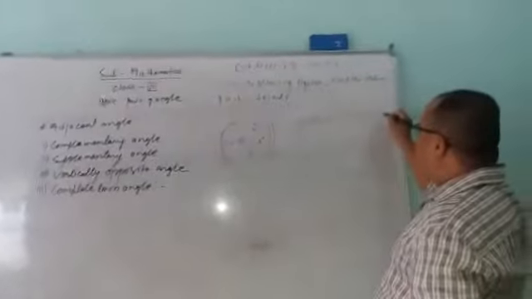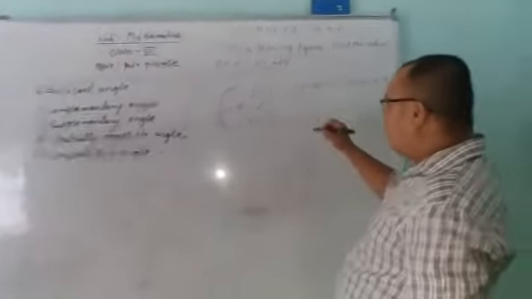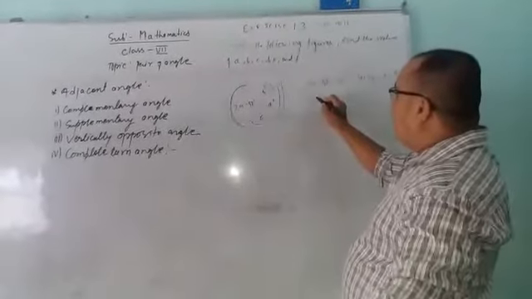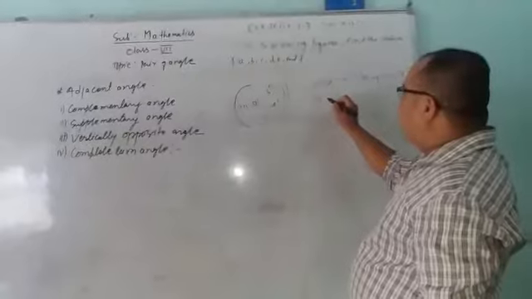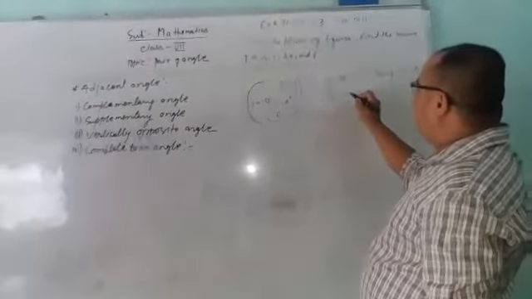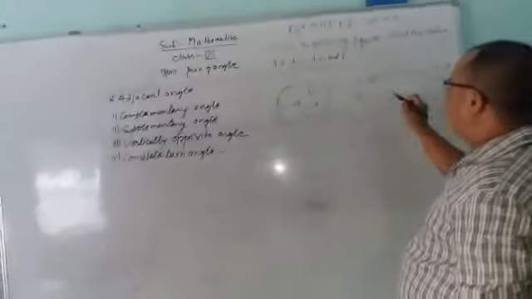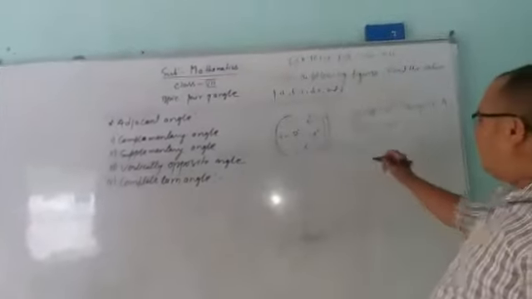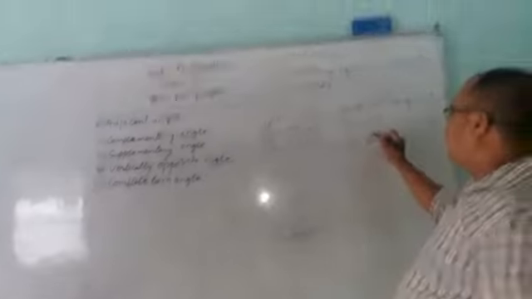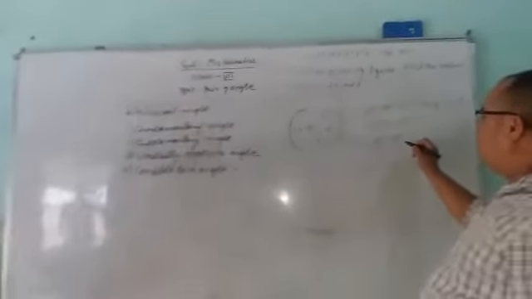So the reason we write is vertically opposite angles. So now a minus a is equal to plus 50, the minus 50 going to plus 50. So now its difference, a is equal to 50 degrees.